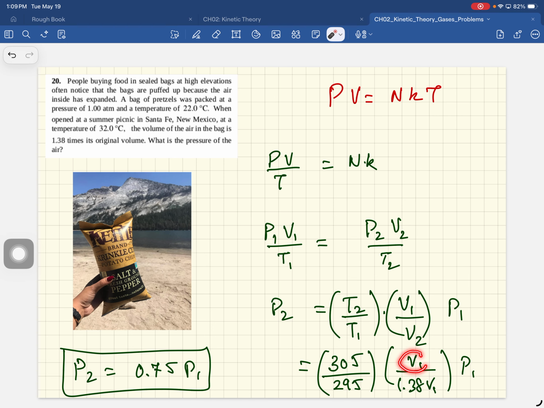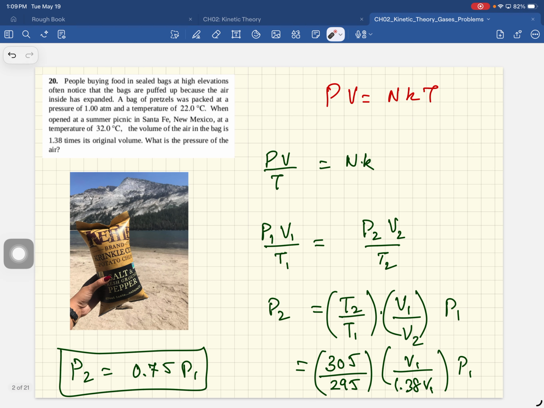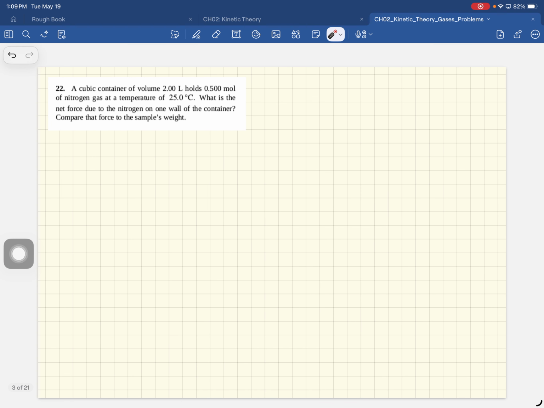What is the gauge pressure in a 25 degrees Celsius car tire containing 3.6 moles of gas in a 30-liter volume? Okay, so pressure, and this is absolute pressure that you calculate. So nRT over V. 3.6 moles.